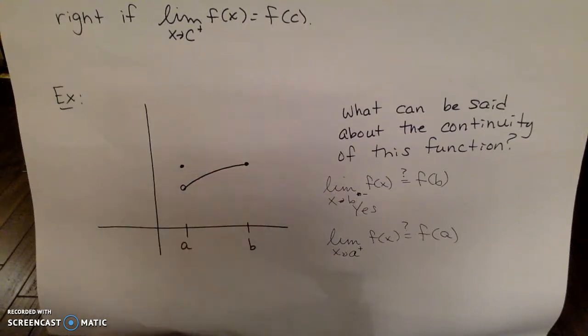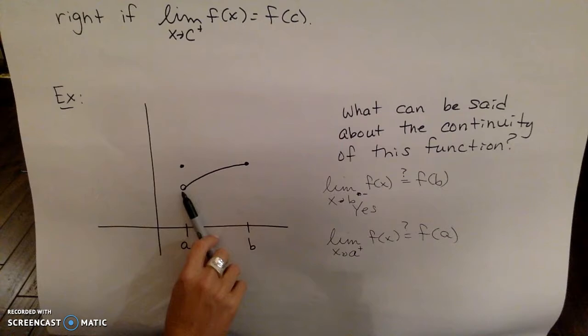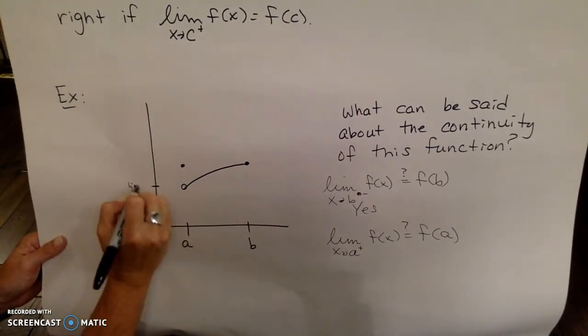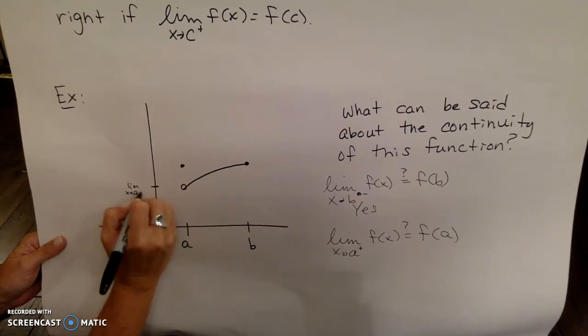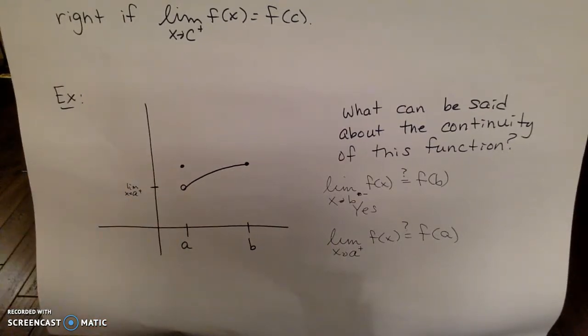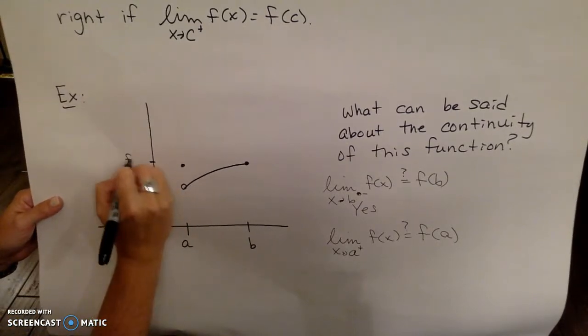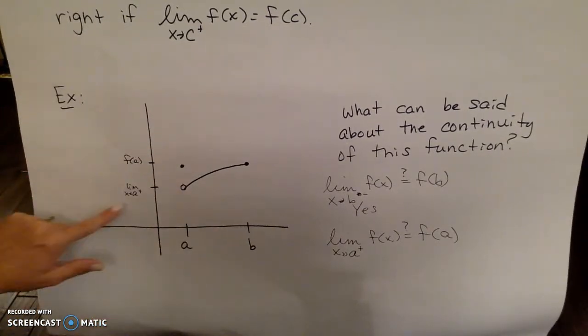We're approaching a from the right. And we know that the limit would be here, some value. This would be the limit as x approaches a from the right. I'm going to get it right this time. And this point up here would be f of a. So that limit and that function value do not equal one another.